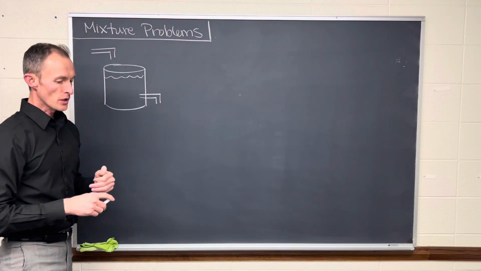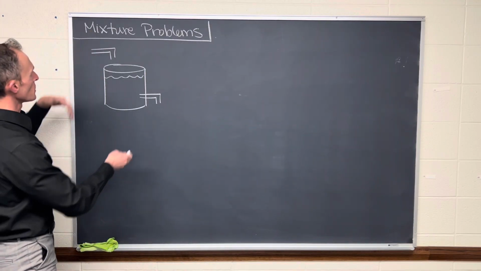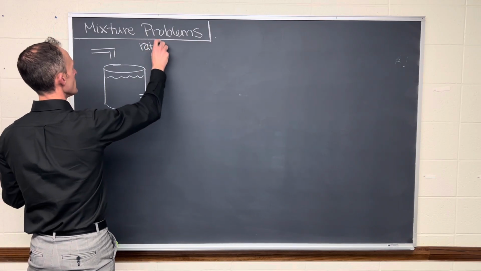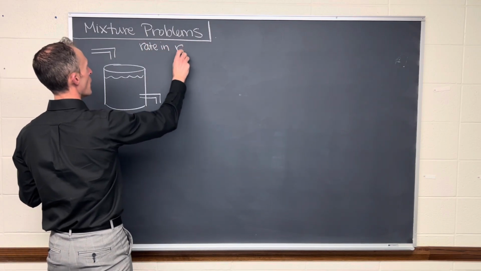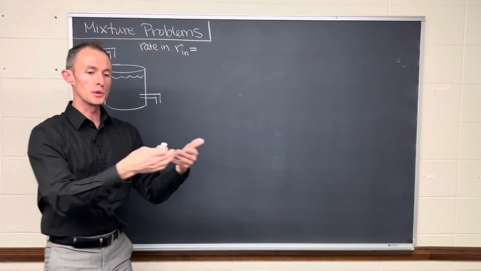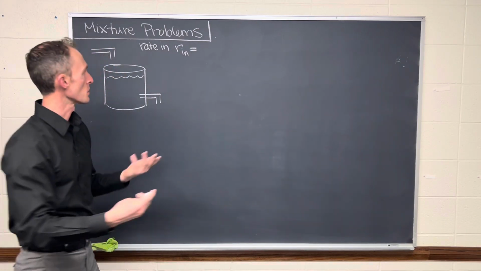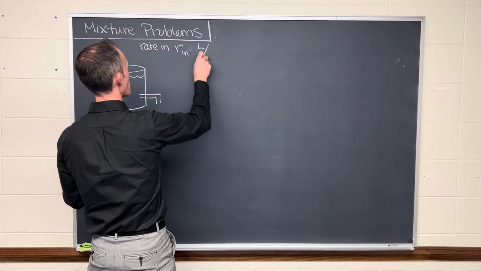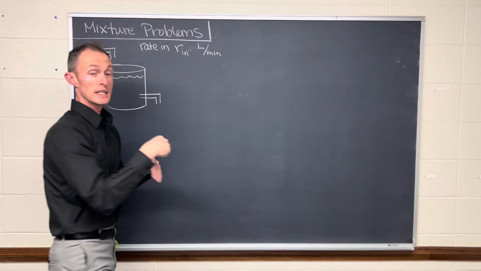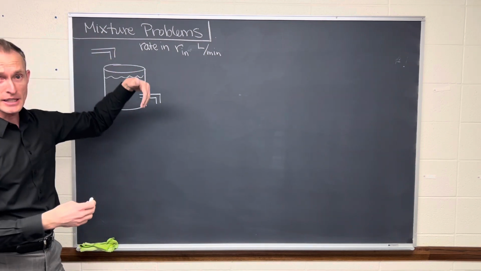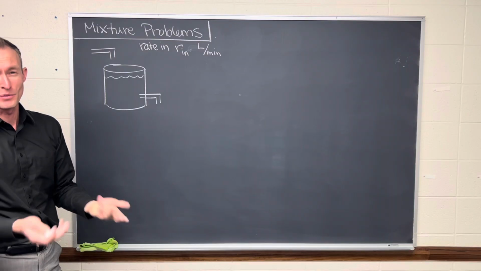Okay, so the idea is that coming into it, I'm going to have some sort of rate in, which we're going to call R_in. The rate just tells you how much fluid is coming in per unit time. So we'll say rate in is going to be in liters per minute, just for this example. And whatever the fluid is that's coming in has a certain concentration of whatever we're interested in.